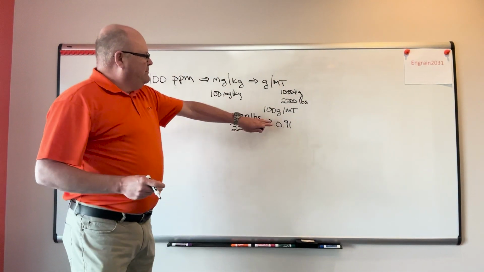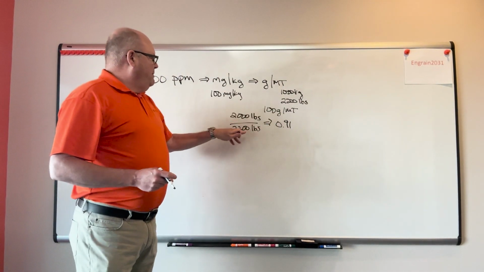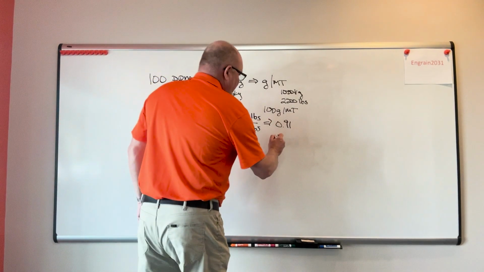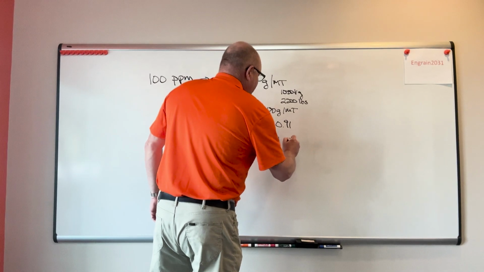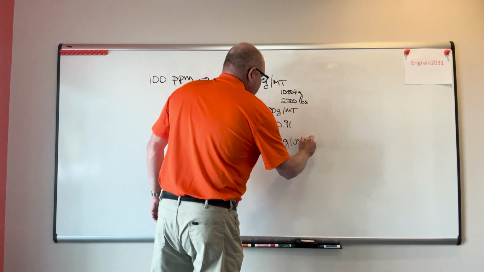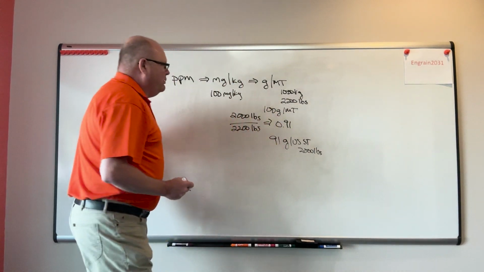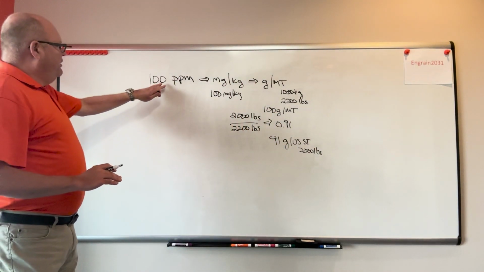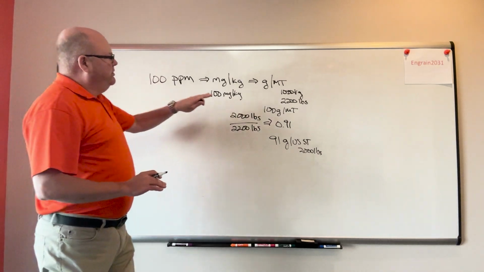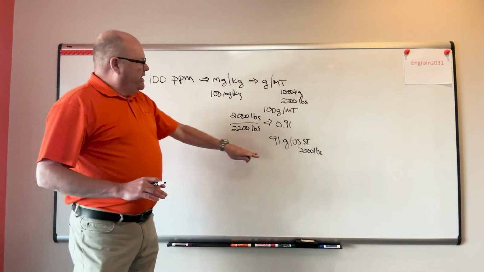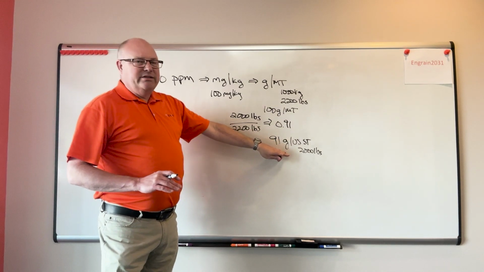So we would take 100 grams per metric ton times 0.91, and we would end up with 91 grams per US short ton, which is 2,000 pounds. So we can understand now how we follow 100 parts per million, both to dosage rates on a metric ton basis or dosage rates on a US short ton basis.